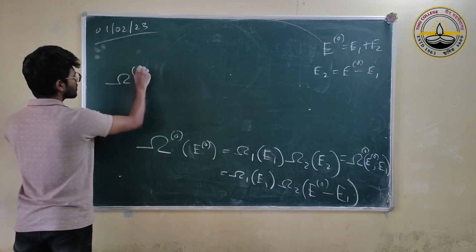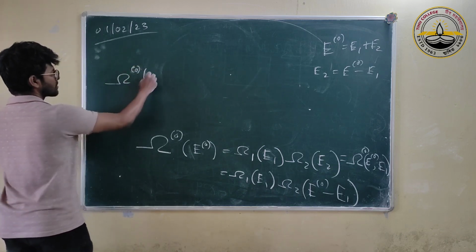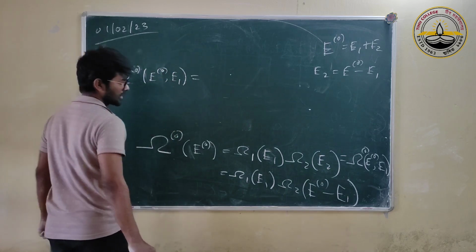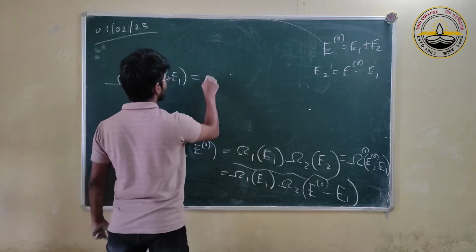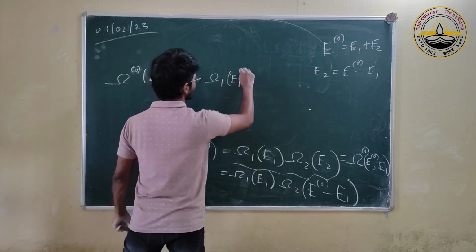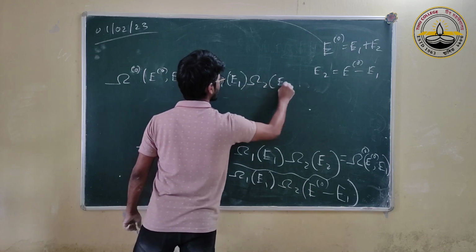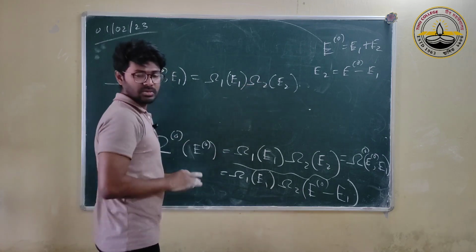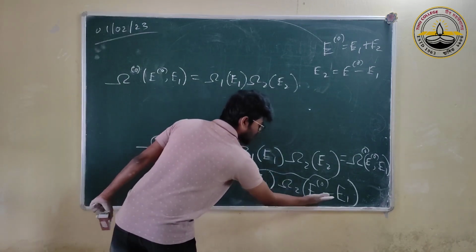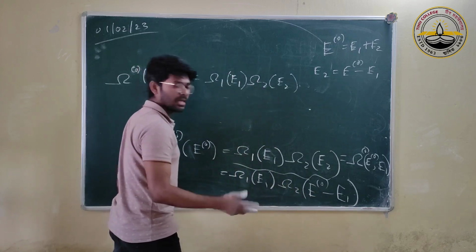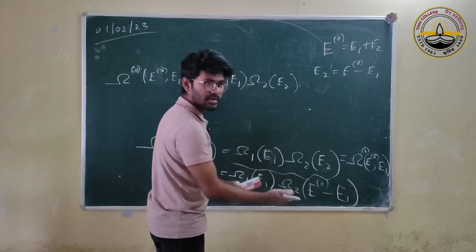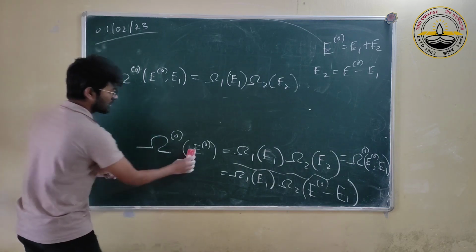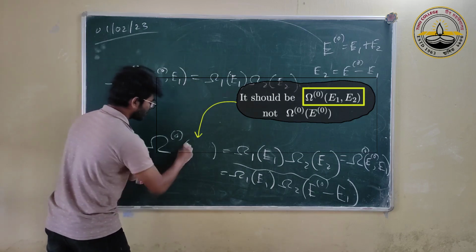So we have omega 0 of E0, E1, and that is simply omega of E1 times omega of E2. Obviously E2 equal to E0 minus E1. I just wrote it like that first to show that only E0 and E1 are the variables. So I just replaced E2 by this; this one was E1 and E2 actually.